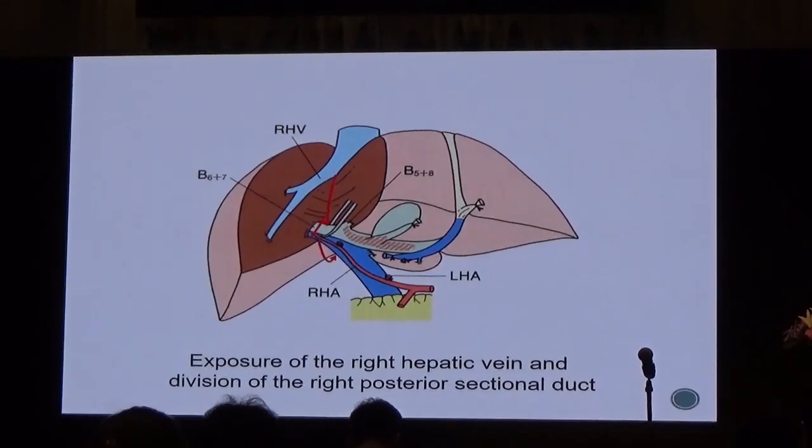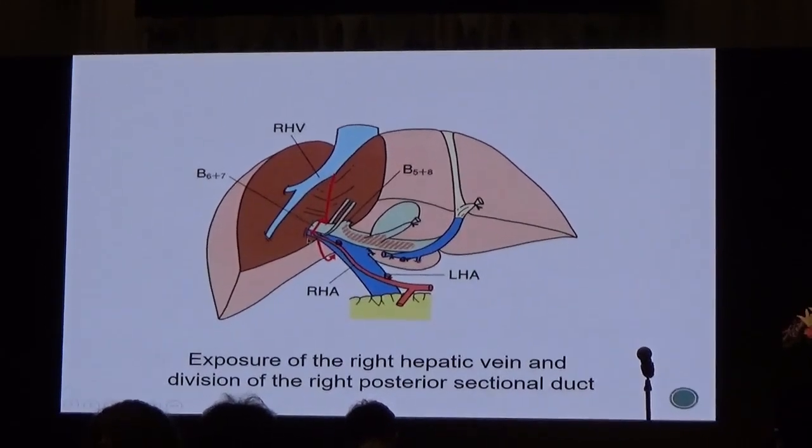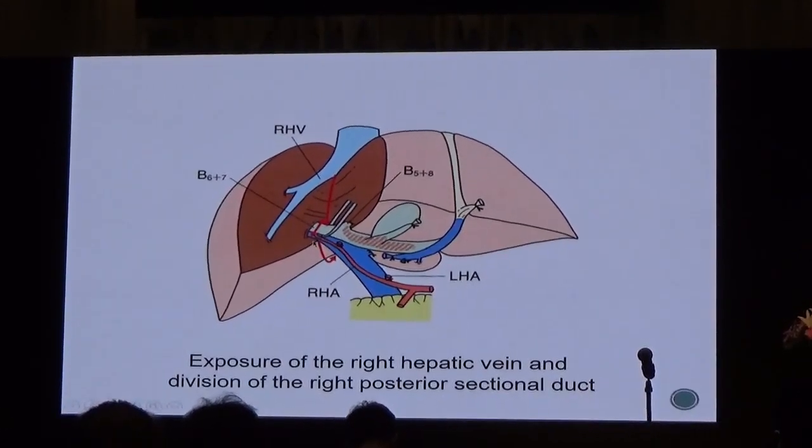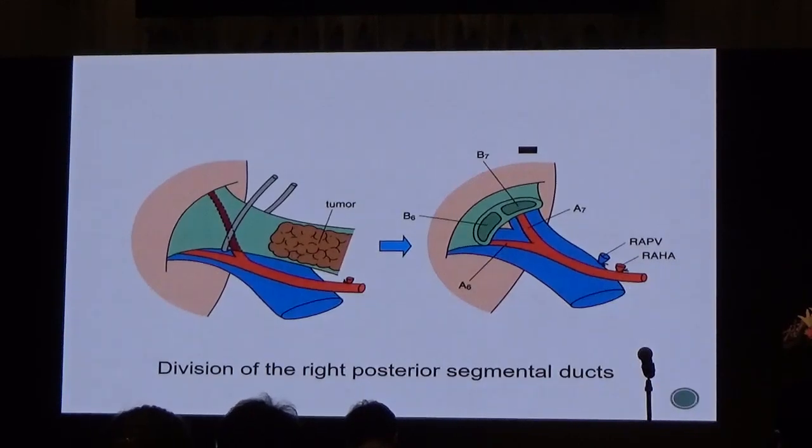In this case, the key point is how to isolate the bile duct of the right posterior section, how to isolate the right posterior sectional branch of the portal vein, and how to approach the bifurcation, the confluence of 6 and 7.